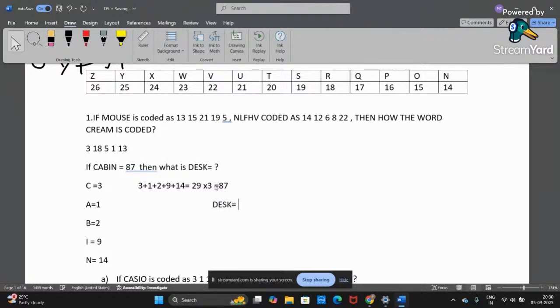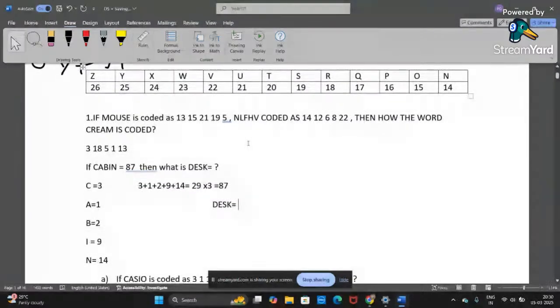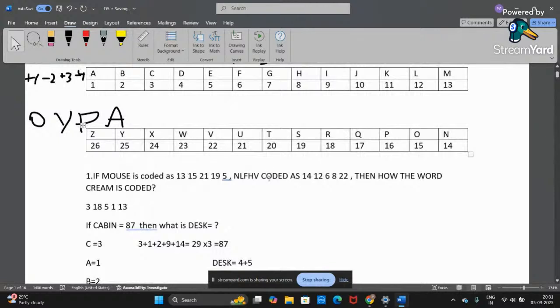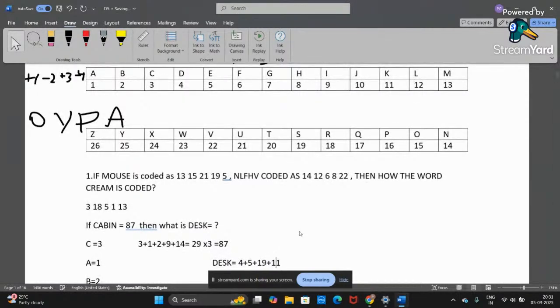Okay. So here D. For D it is 4, right? It is in the 4th position. For E it is 5. For S it is 19. Then for K it is 11.